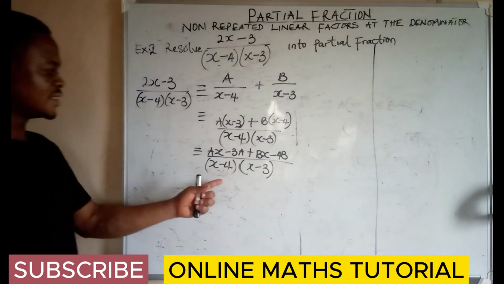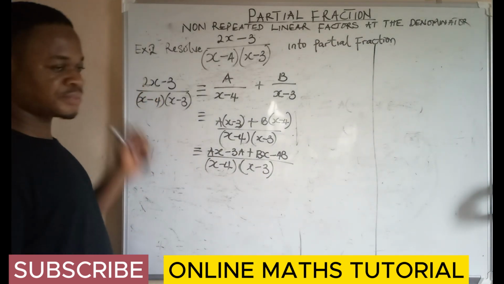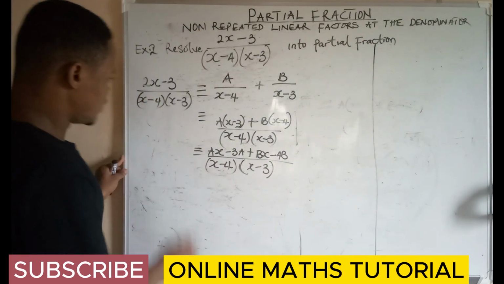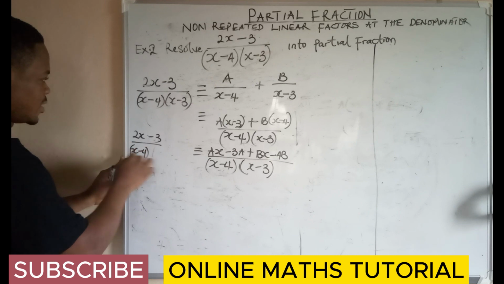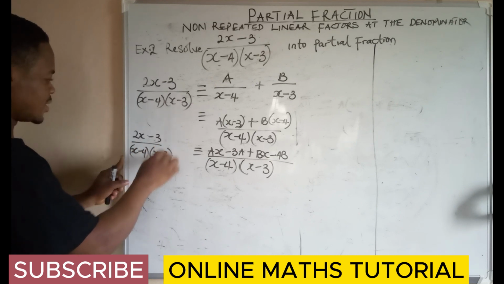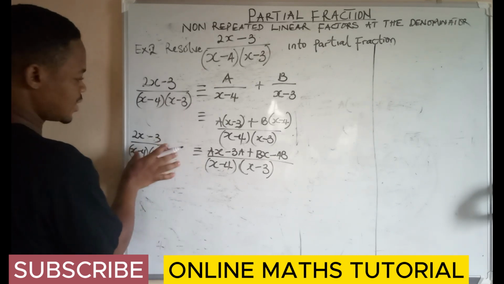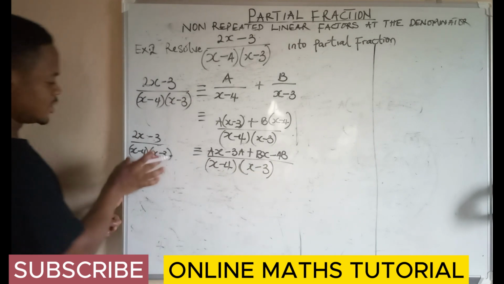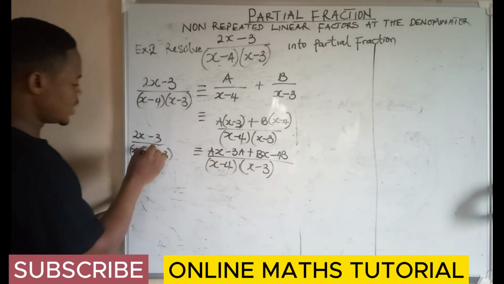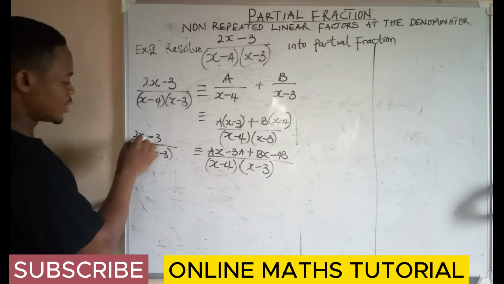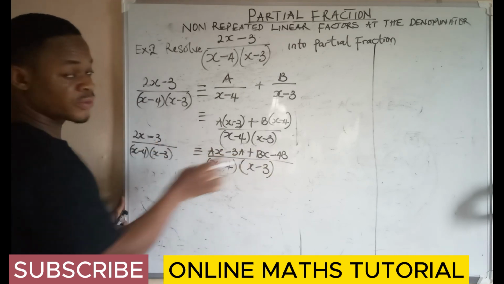Since this is equivalent to this, because here we have (2x minus 3) all over (x minus 4) into (x minus 3), and the denominator here is also the denominator here, we can equally say that the numerator is the same as the numerator here.